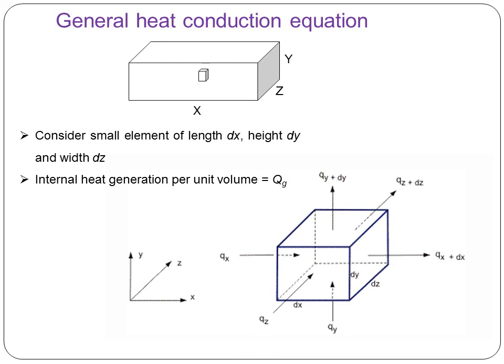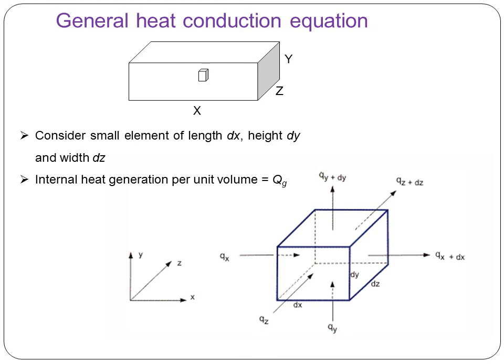Similarly, you have Qz, which is the heat entering the element in the z direction, and Qz plus dz is the heat leaving the element in the z direction at a distance of dz from the inner surface. Now, you also have one more term, which is the heat generated in the element per unit volume.